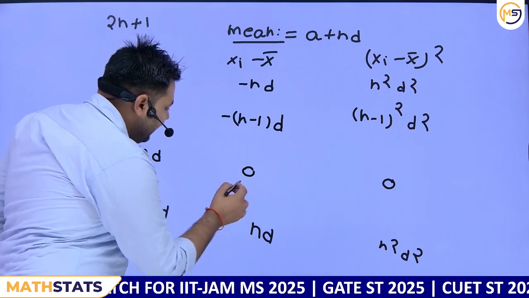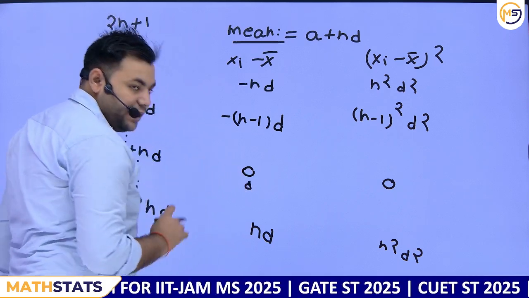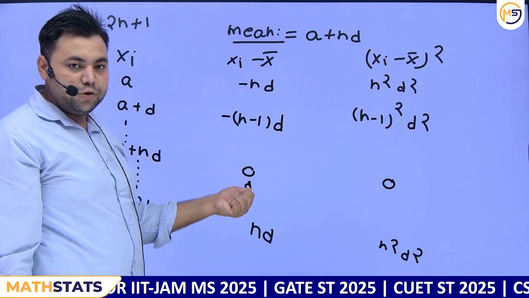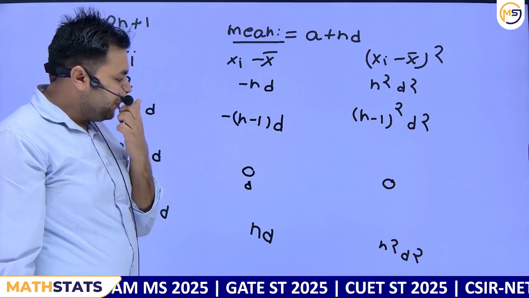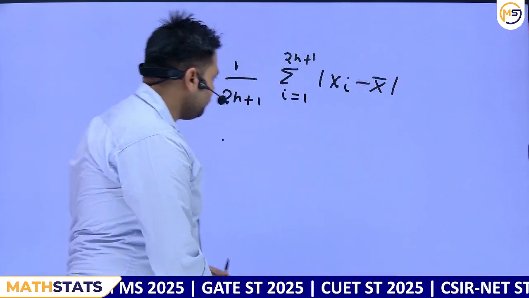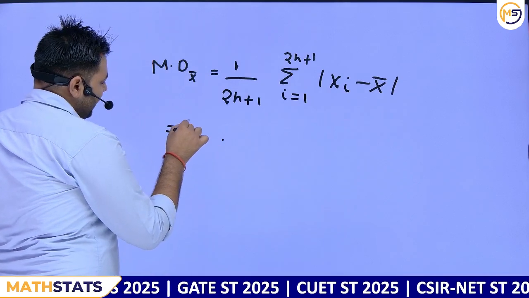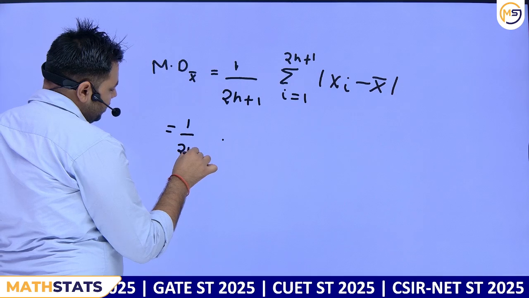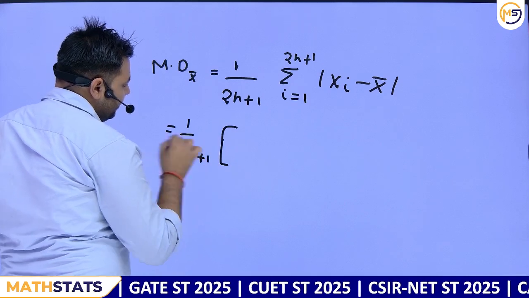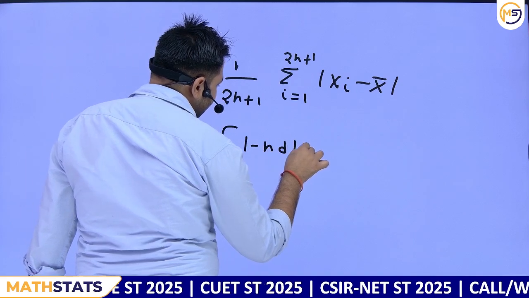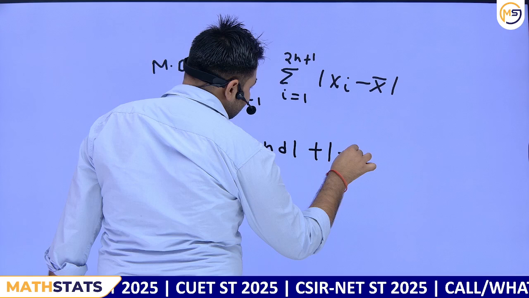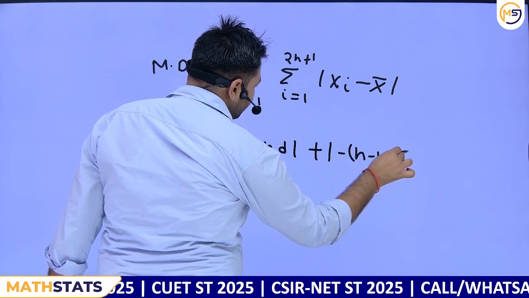Here you will get d, here you will get 2d, and similarly up to nd. So this is equal to 1 upon 2n plus 1. Your first value is mod of minus nd, the second value is mod of minus n minus 1 into d.